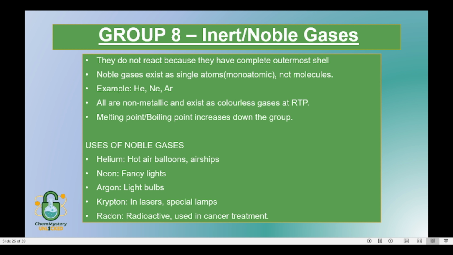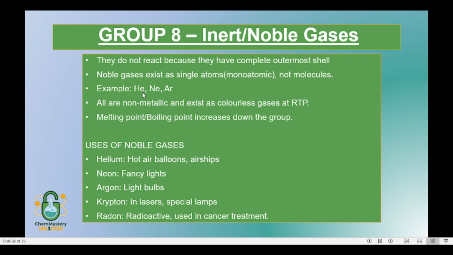Okay, now let's check out some examples. Helium, neon, argon. These are the examples. All are non-metallic. They are chemically complete, so they stay as single atoms.